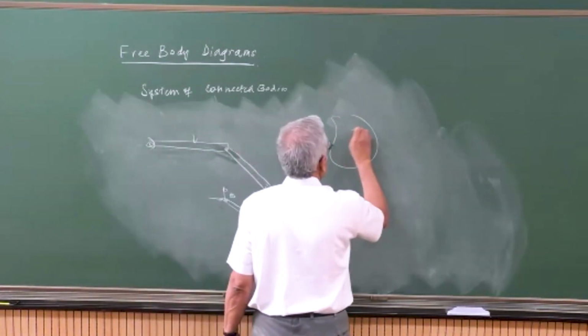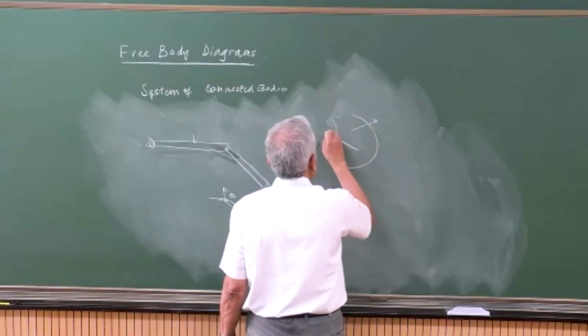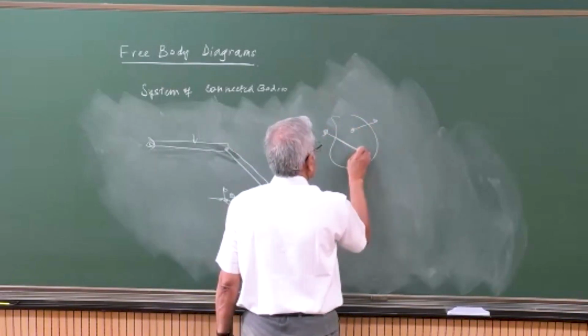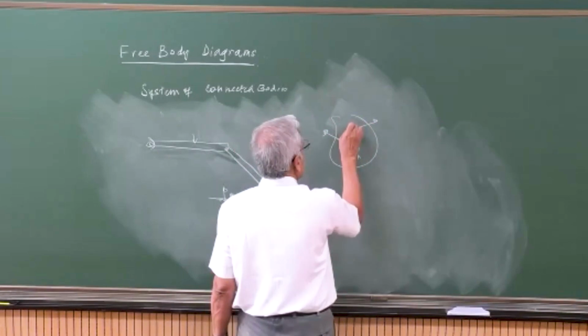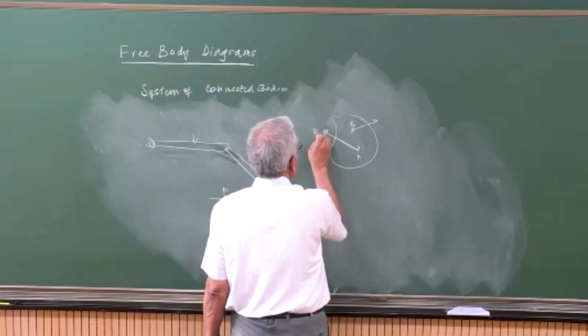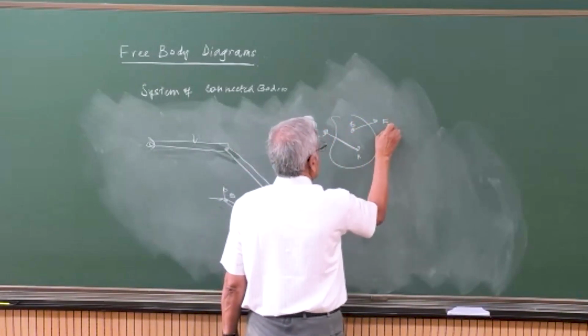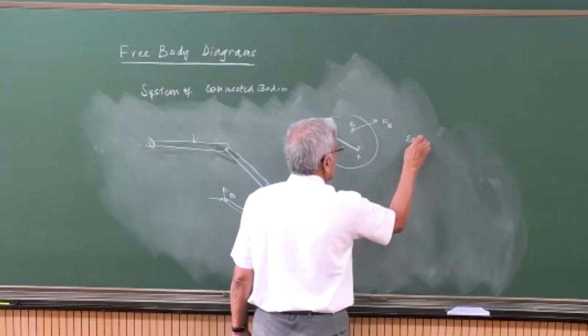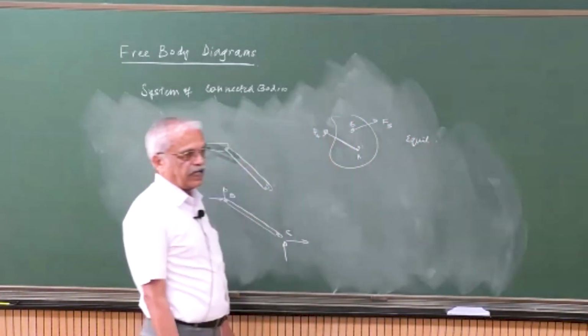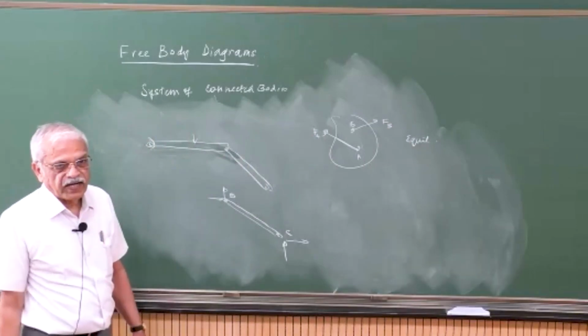So if you have a force here, say at A and B, so we have FA and FB. So if this is in equilibrium, can you say any condition on FA and FB?